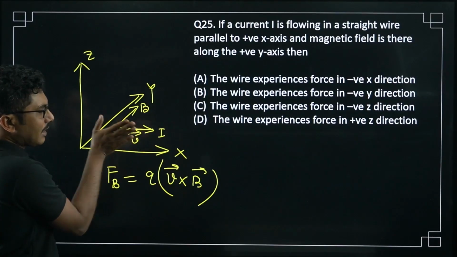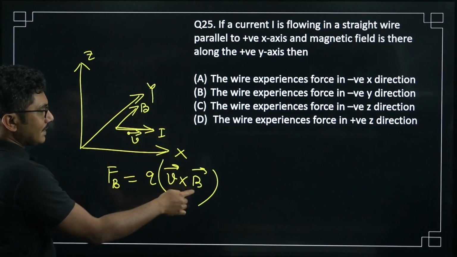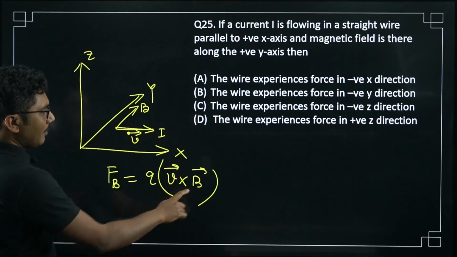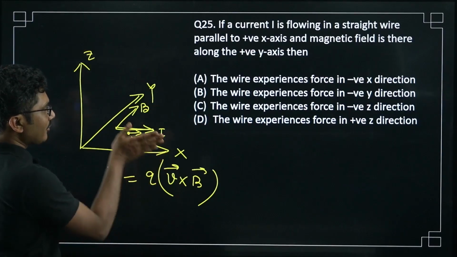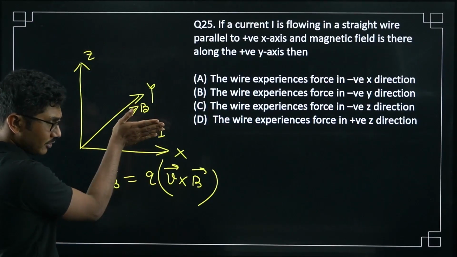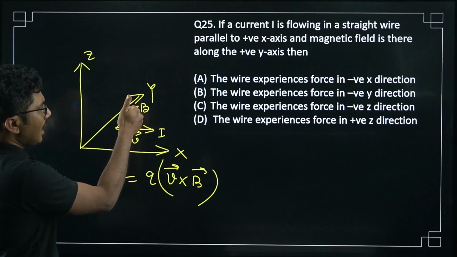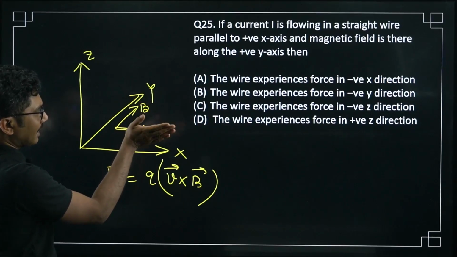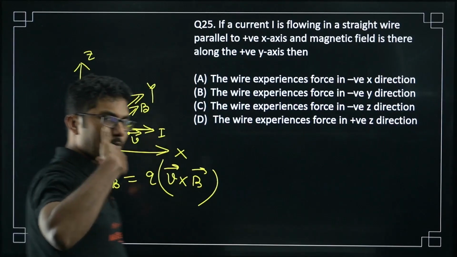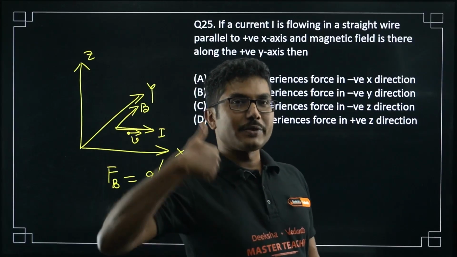Now what is this multiplied with? It is multiplied with B, right? So you put your fingers in the direction of V, then slowly bend towards the second vector, that is B. Now your thumb will point in the direction of the resultant vector.